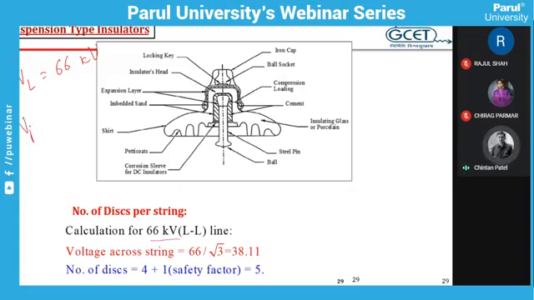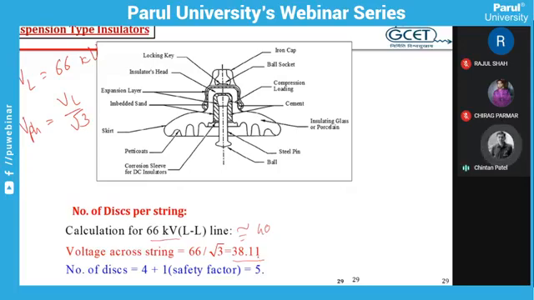So from VL we need to calculate V phase, which is VL upon root 3, because we need to provide insulation between conductor and ground. And when we measure the voltage between conductor and ground, it is not the line voltage, but the phase voltage. If you divide 66 by root 3, you will get around 38.11. We can approximate to the nearest full number, which is 40.